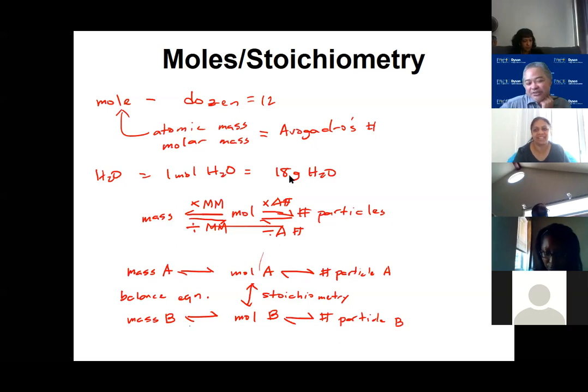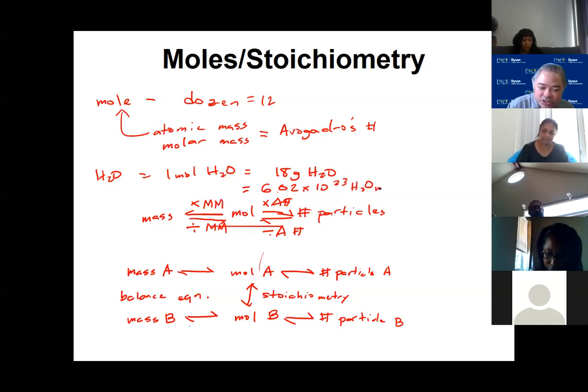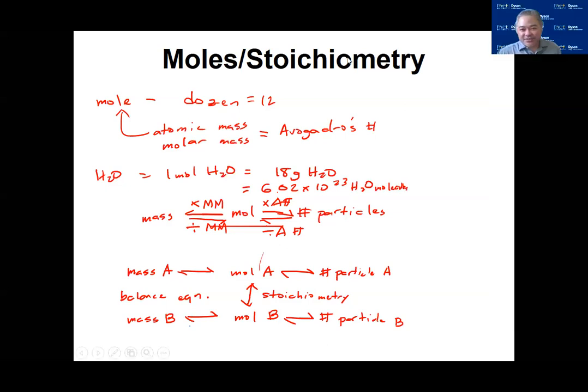When I add all of the atoms, I get 18 grams. And that also corresponds to Avogadro's number, 6.02 times 10 to the 23 water molecules. Just like a dozen would always be equal to 12.